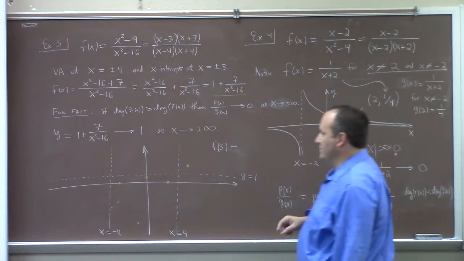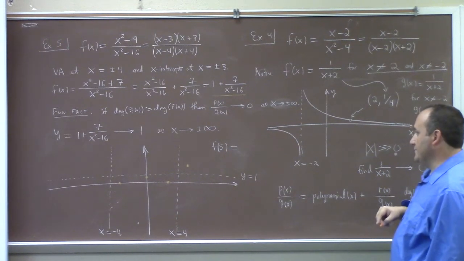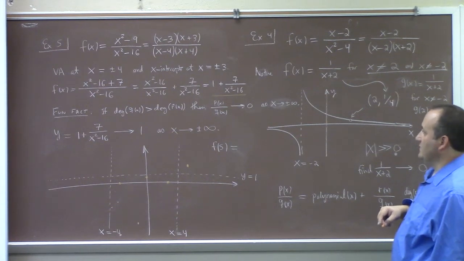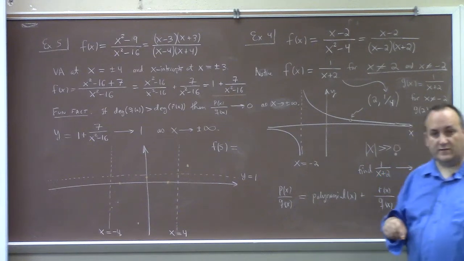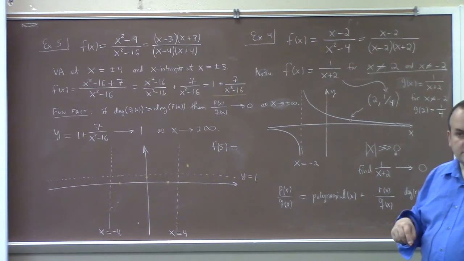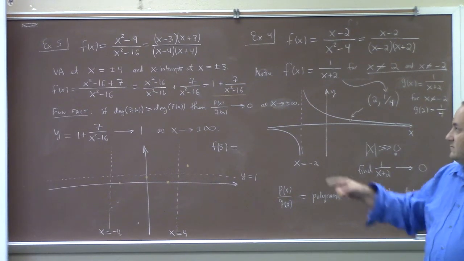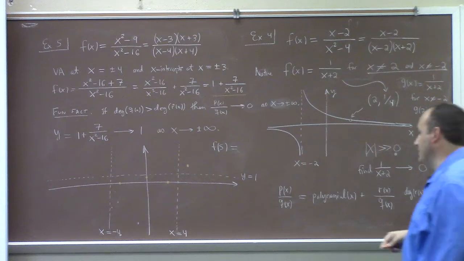What would happen if we plugged in, oh, and this is an even function, isn't it? Oh, hey, that's very helpful. This is an even function. We can use that to halve our work, can't we? I should have been looking for that already, right? Is f of x equal to f of minus x for this one?